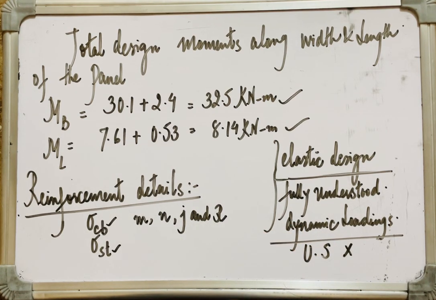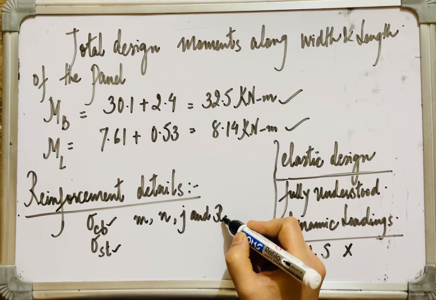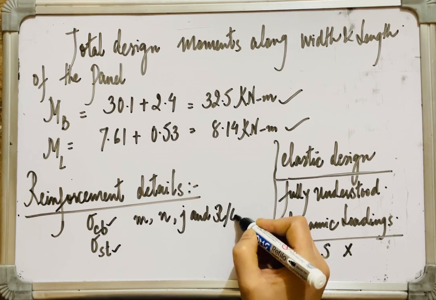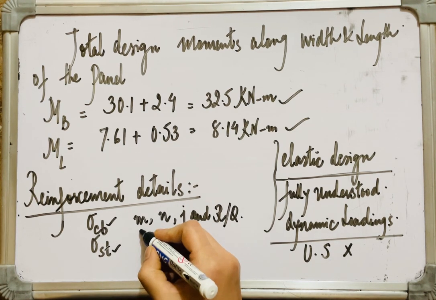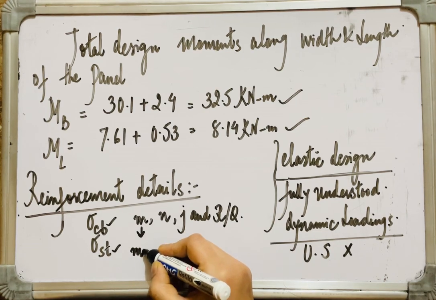M, N, J, and R. Some books write Q instead of R, and some write R, so it's one and the same thing. And these are the elastic design coefficients for a given set of values of sigma CBC and sigma ST, where sigma CBC is the permissible stress in concrete, and sigma ST is the permissible stress in the steel. All right, and M is the modular ratio.